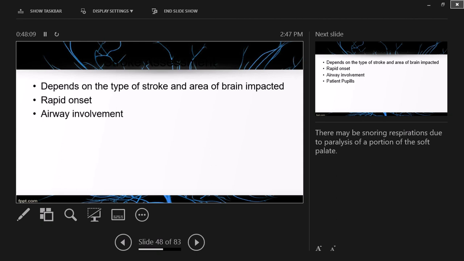Most of the time, those stroke-like symptoms are going to resolve in an hour or less. And so you can have a patient that will have all the classic signs and symptoms of an ischemic stroke. I've never heard of a patient having a TIA with a hemorrhagic stroke, just simply because the headache is so intense and very debilitating.